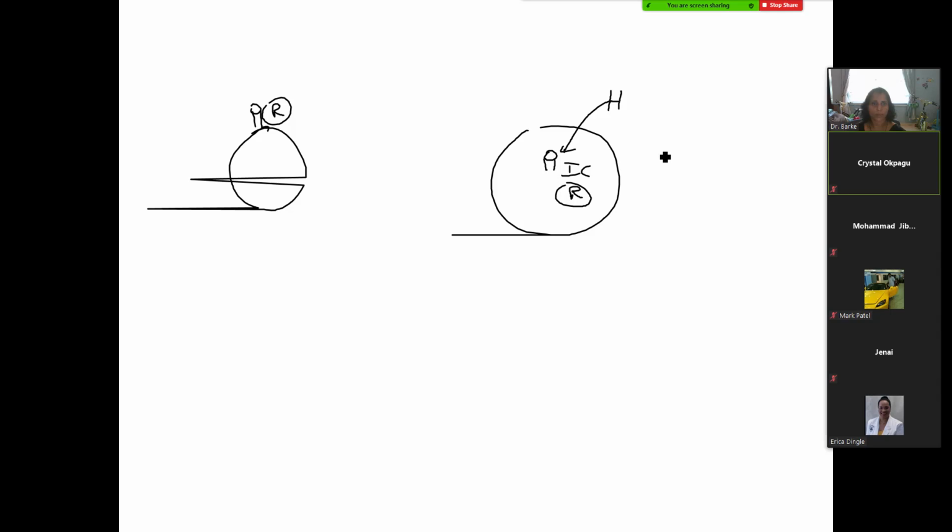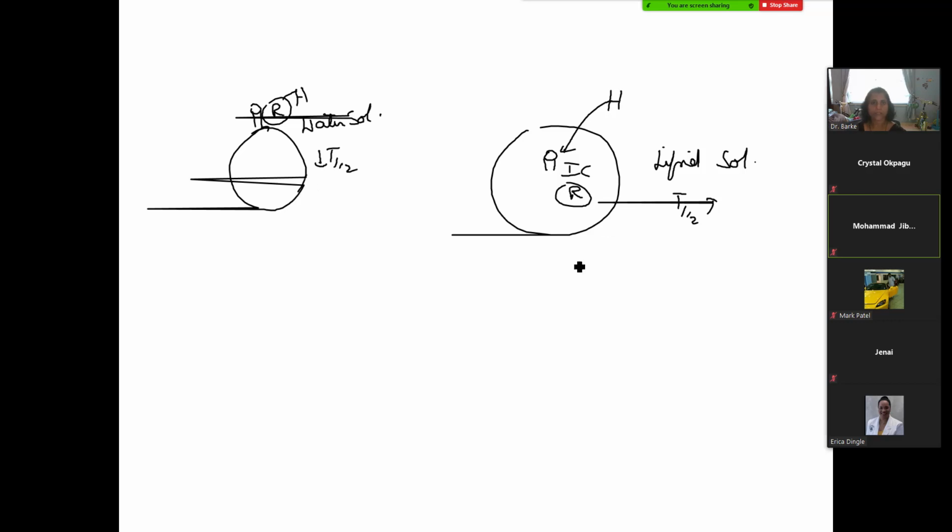So what is its property? Lipid soluble. It will need more time, so it has a longer half-life. Hormones binding on the cell membrane need not penetrate, so these are water soluble and they have a shorter half-life.